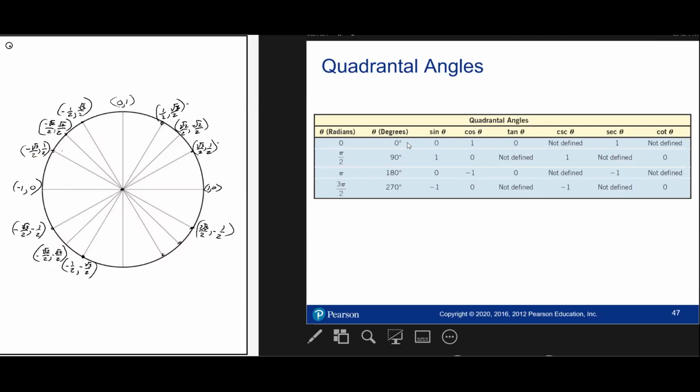The x value is positive over here, and the y value is negative. And then we're going to have the positive square root of 2 over 2 and the negative square root of 2 over 2 for this 45-degree angle, which is 315 degrees, or 7 pi over 4.